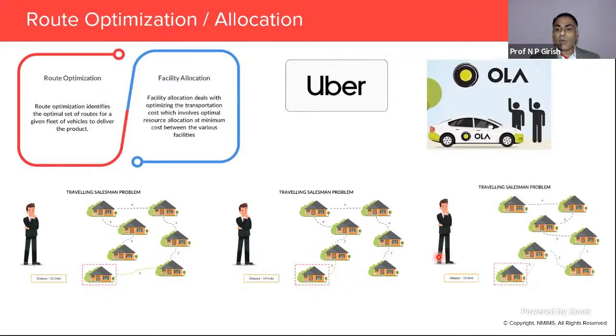Is there any other option possible? From here to here to here, ending here, that comes to 18 units. So among the three options tried, this looks to be the optimum one with the minimum distance, about 18 units.